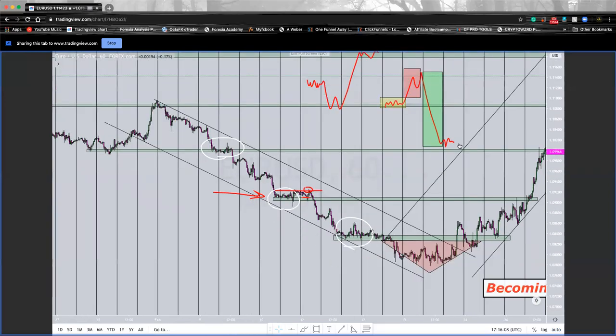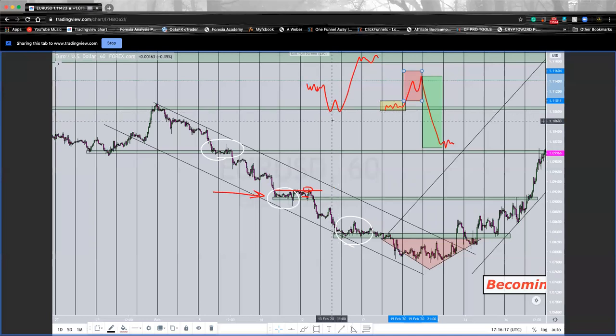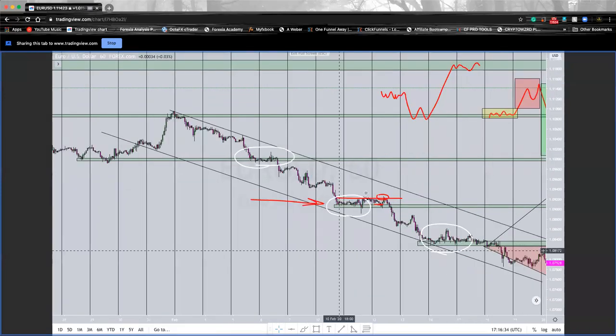Okay, same thing with the other pattern. And in order for you to enter, if you want to participate in the second leg of M or W, it's better to wait to see that stop hunt candle or wick, and then you can actually participate. That's another example right here, which is pretty good.